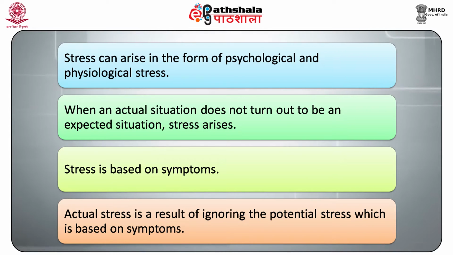Stress can arise in the form of psychological and physiological stress. When an actual situation does not turn out to be an expected situation, stress arises. Stress is based on symptoms. Actual stress is a result of ignoring the potential stress which is based on symptoms.